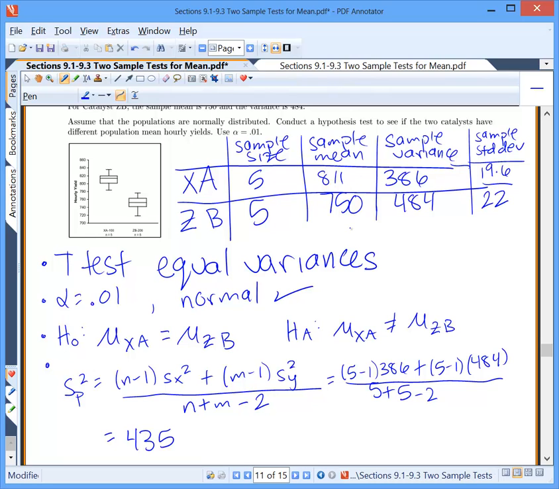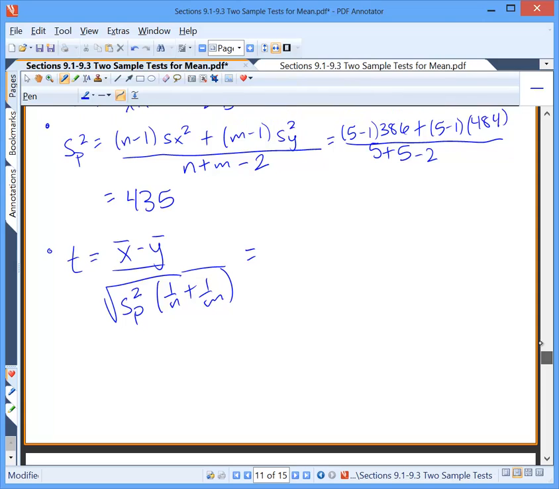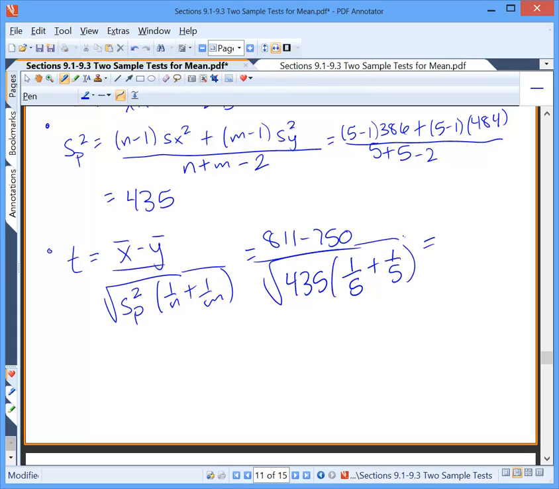So we're going to do 811 minus 750, over the square root of the pooled variance, so 435 times 1 over the first sample size plus 1 over the second sample size, which gives me 4.624. So that's my test statistic.